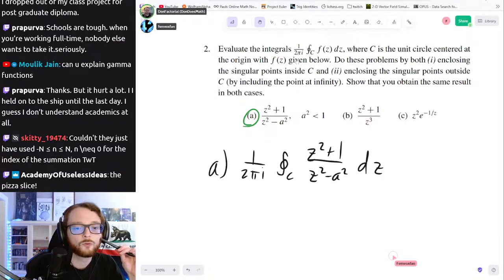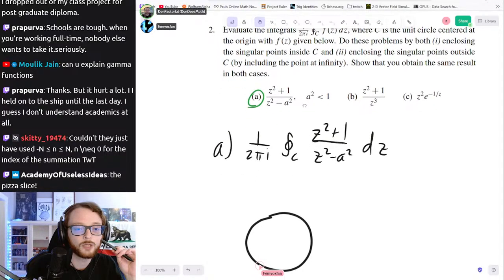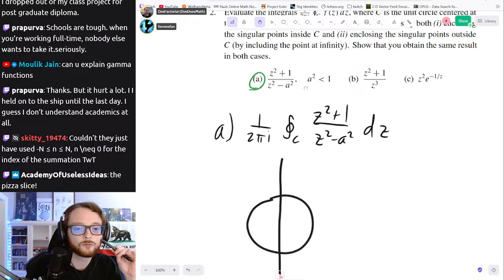And so we probably want to find the residue at each of these.